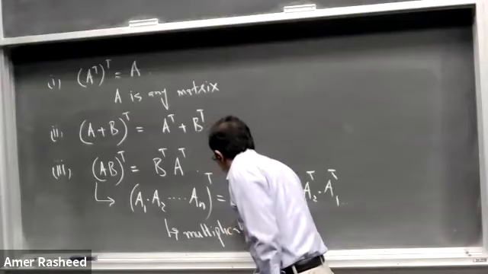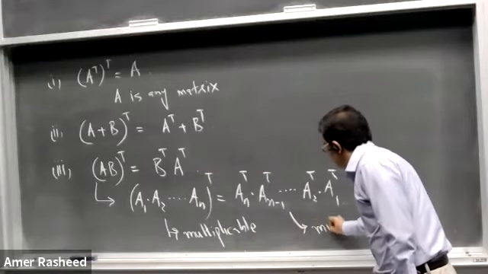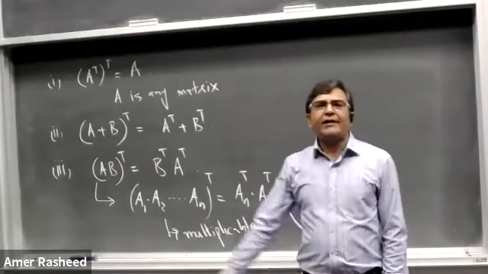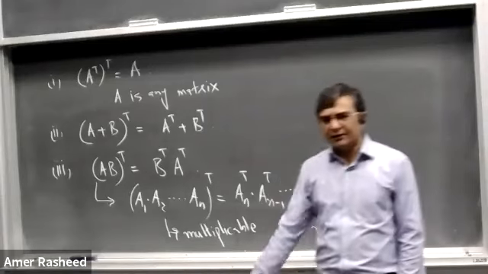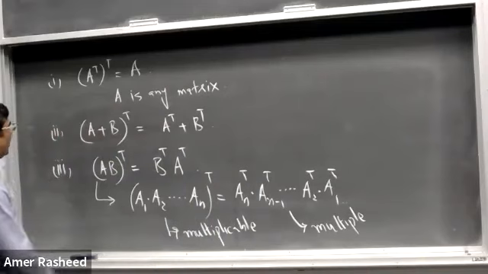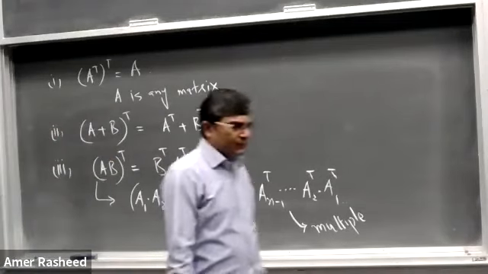Similarly, this product should also be multiplicable. Otherwise, we cannot write left hand side is equal to right hand side. So remember these small things while using these properties.